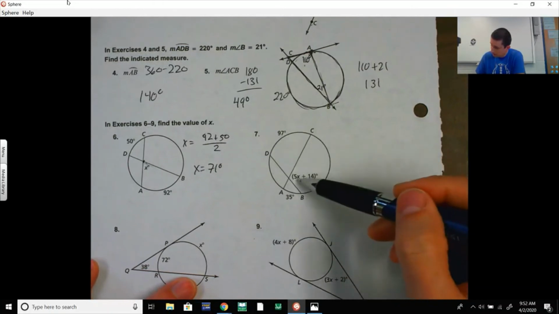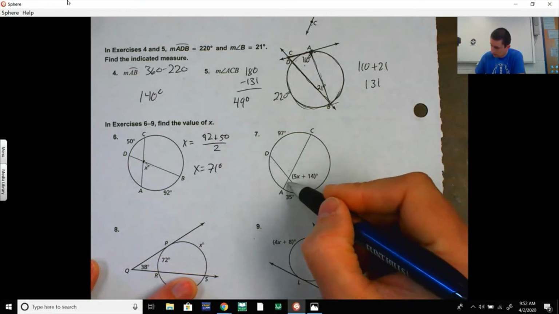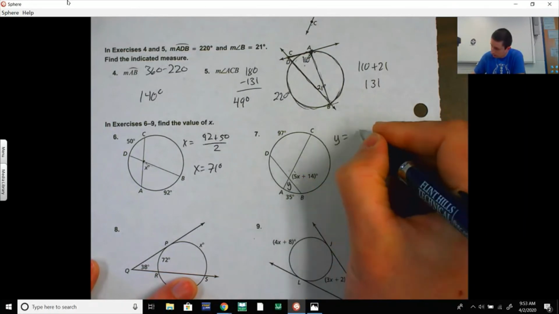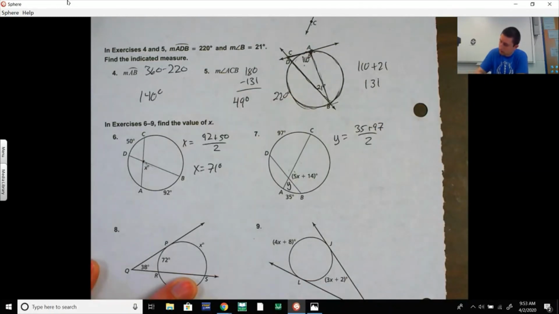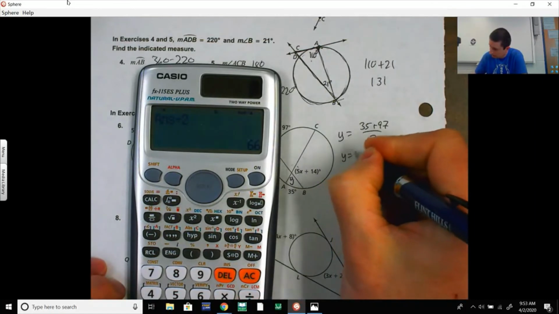Question 7, they want the value of x. Now x is supplementary to this one. So what I would do in this case is find this angle and then find out what this one needs to be from there. So I would find this value right here, y. I know y is going to be 35 plus 97 divided by 2. So 35 plus 97, divide that by 2, 66. So y is 66.